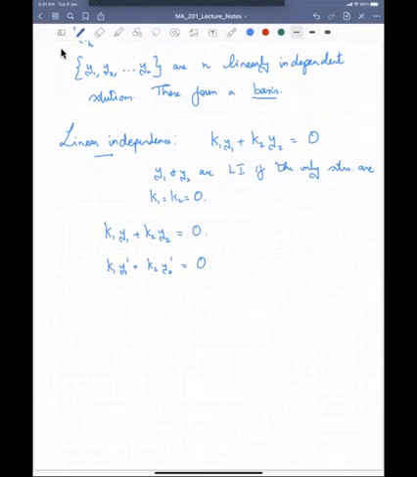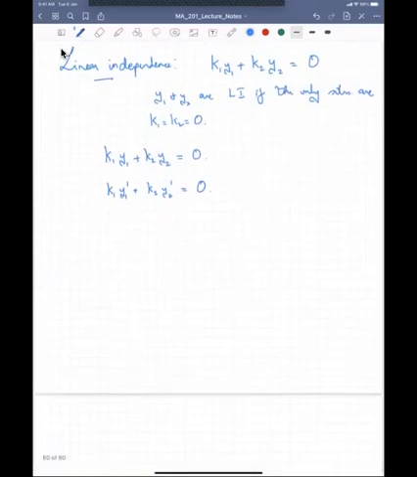So now if these have a trivial solution, then the determinant of the coefficients of k1 and k2, which I can write as y1, y2, y1 prime, y2 prime, the Wronskian has to be equal to 0.